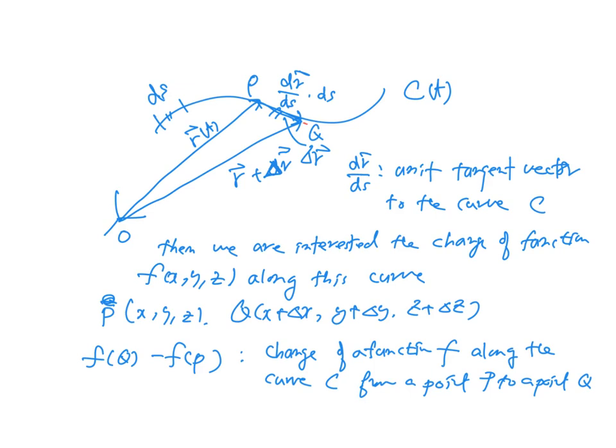So this is simply f(x plus delta x, y plus delta y, z plus delta z) minus f(x, y, z).